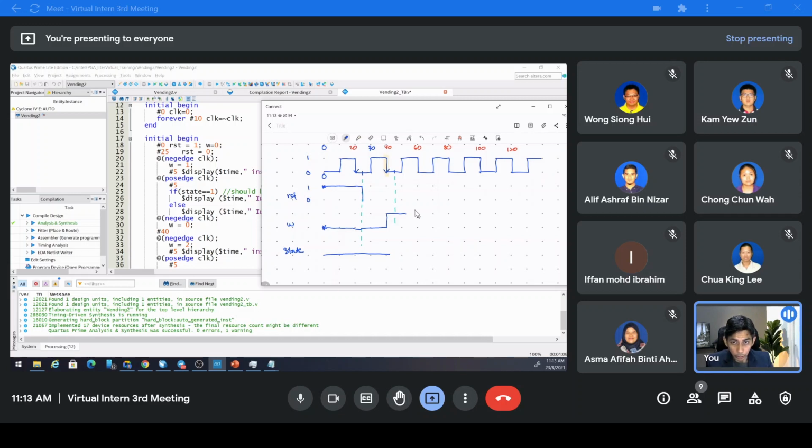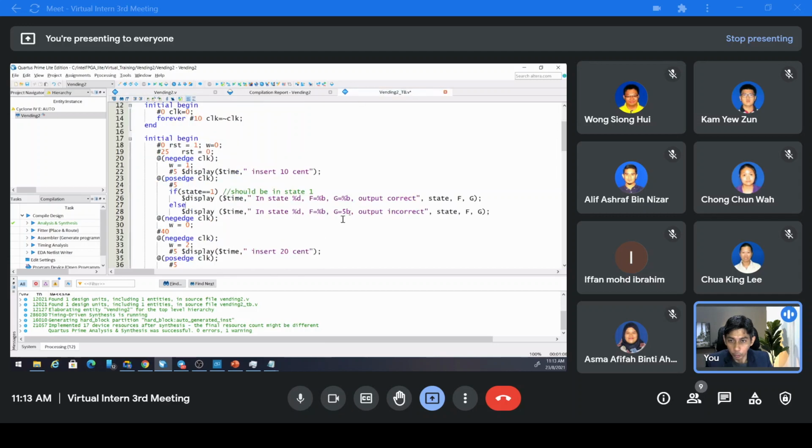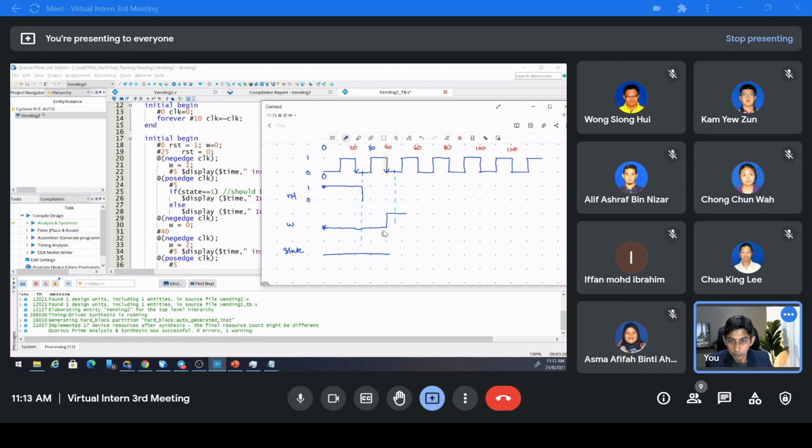According to our timing diagram, because this is a positive edge, when W equal to 1 here, it must go to state 1, exactly at the positive edge here.